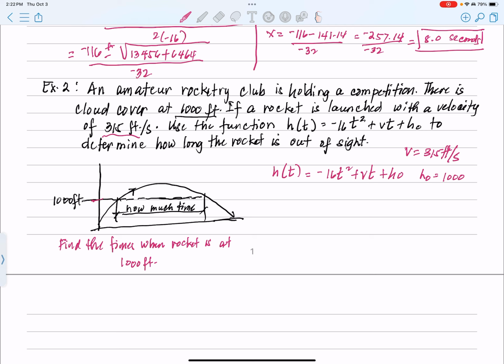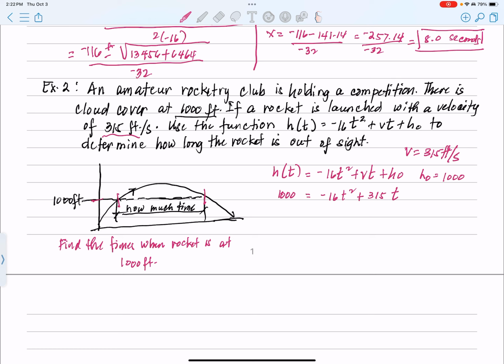Okay, between here to here. Let's substitute. If we do this, the h of t would become 0. So we have 0 equals negative 16t squared plus v, which is 315, t plus 1,000.